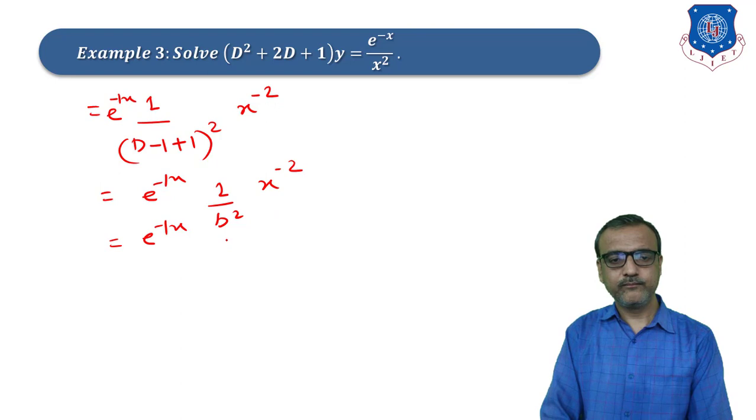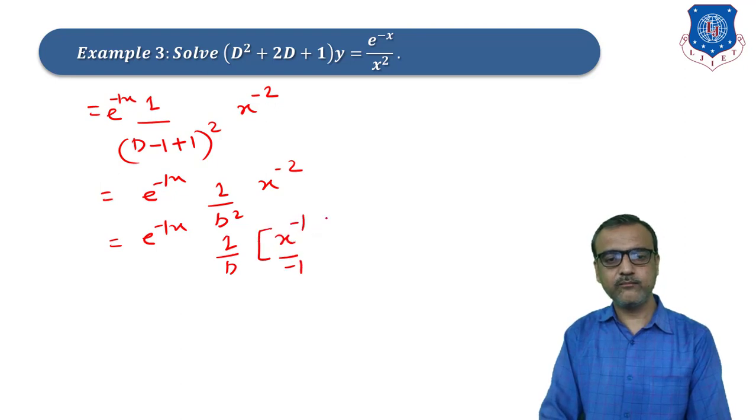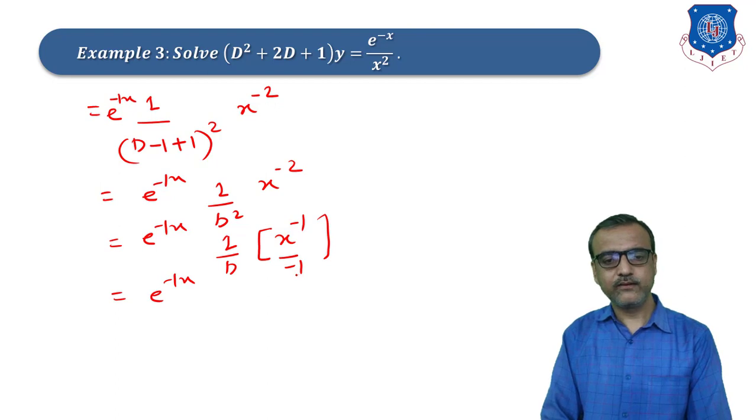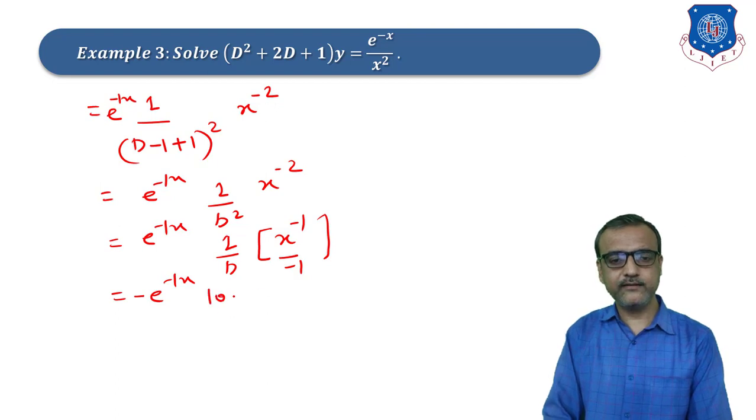We will keep 1 upon D as it is, and then we will integrate x raised to minus 2, and integration of x raised to minus 2 is x raised to minus 1 upon minus 1, according to the formula integration of x raised to n dx is x raised to n plus 1 over n plus 1. So this is equals to e raised to minus x, and this is a minus 1, so we will keep the minus sign outside, and x raised to minus 1 is nothing but 1 upon x, and integration of 1 upon x is nothing but log x.